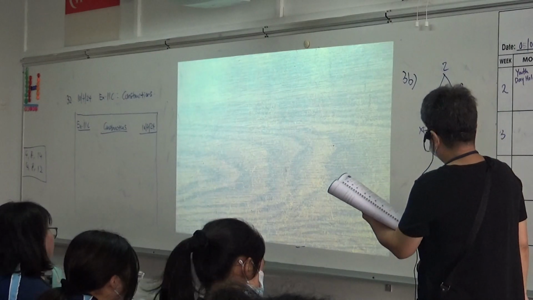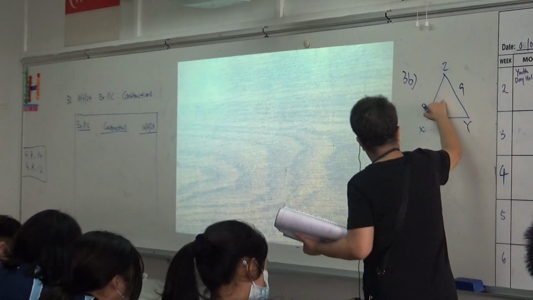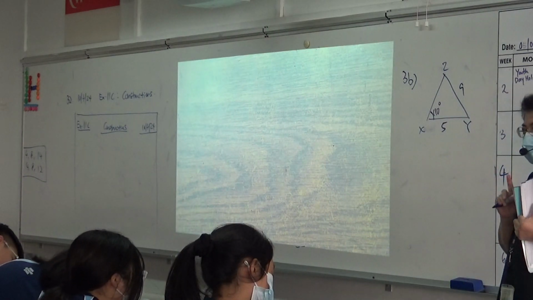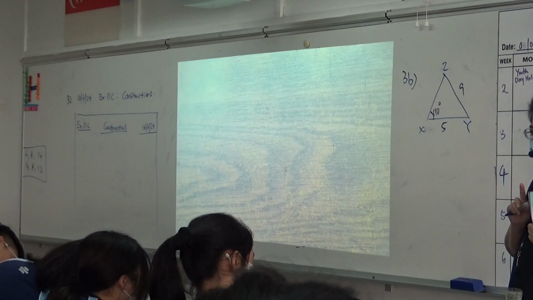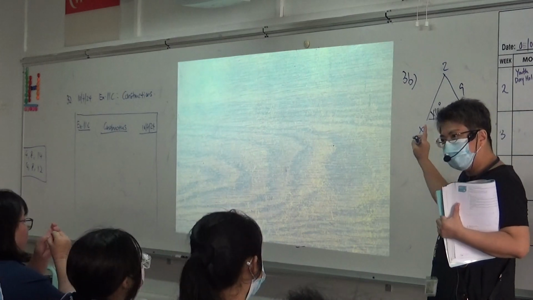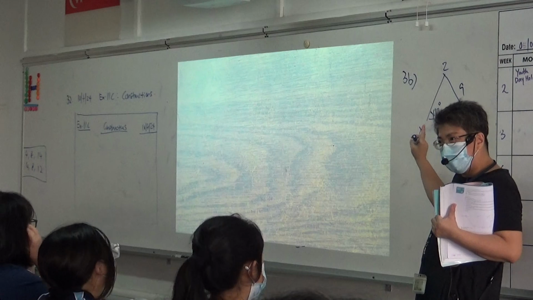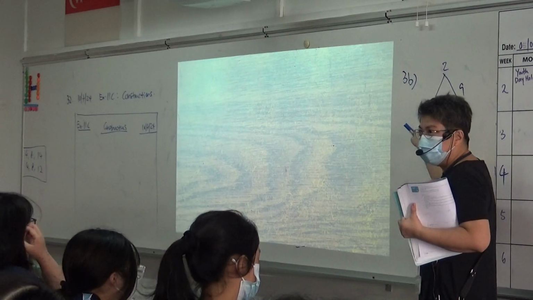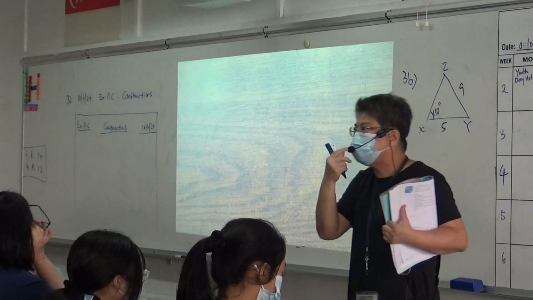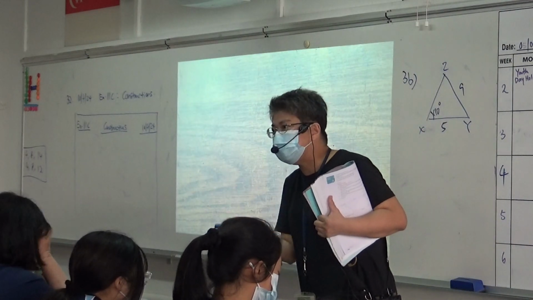And angle YXZ is 110 degrees. Now, I want all of you to look at my sketch. Do you agree that my sketch is actually wrong already? Yes. Because 110 is not an acute angle. It has got to be like that. So I told you already, a sketch need not be accurate. You must know where it is.